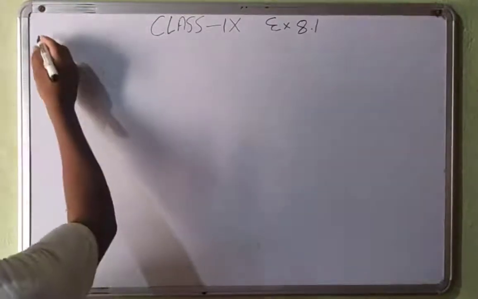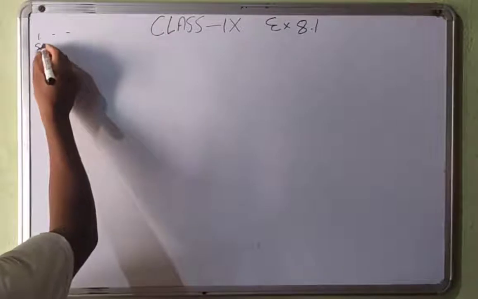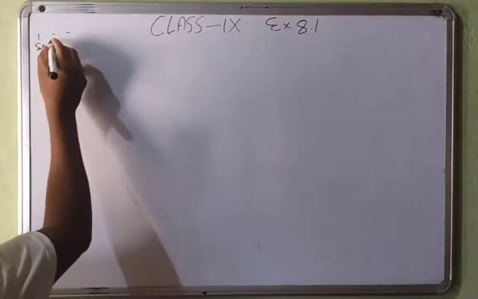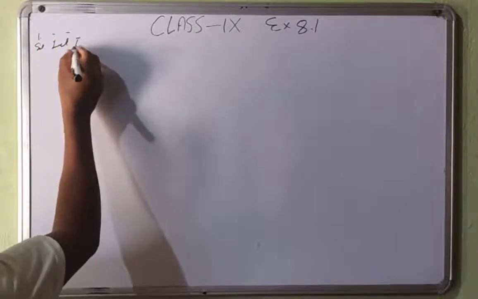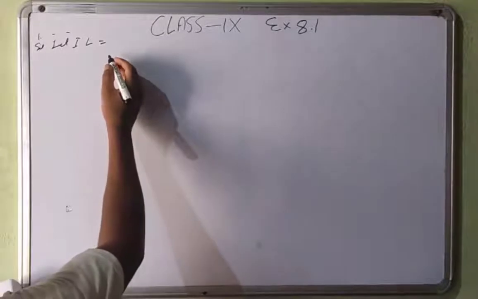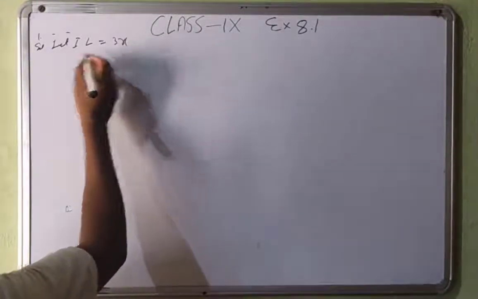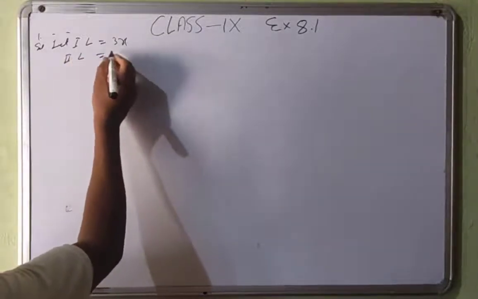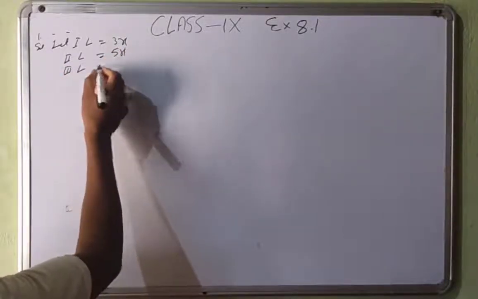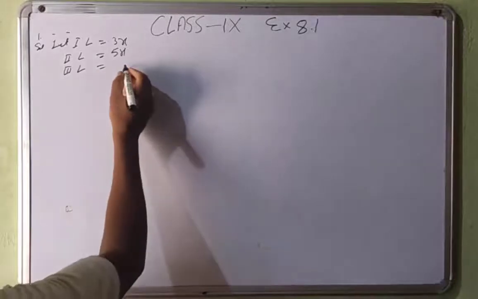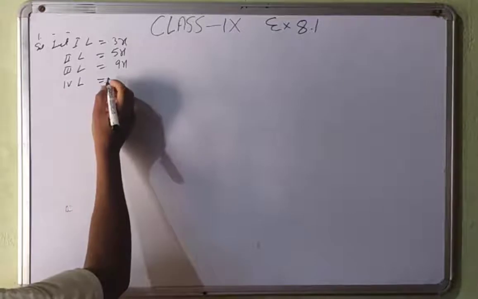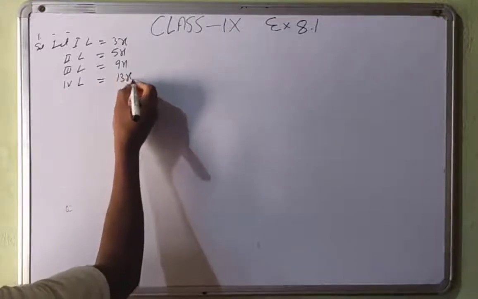So, first solution. Let the first angle be 3x, the second angle 5x, the third angle 9x, and the fourth angle 13x.